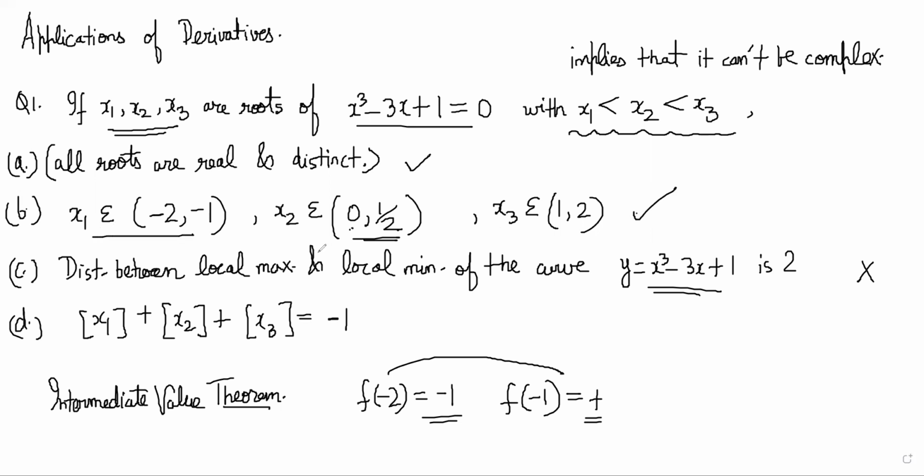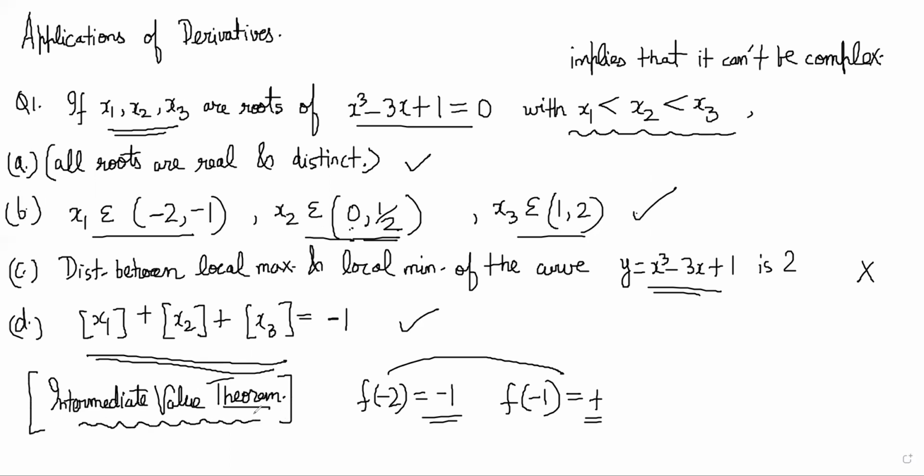So there is a root in this, there is a root in this, there is a root in this. Okay, so with that we can say D is also correct. So minus 2, 0 and 1. So intermediate value theorem is very useful in finding at least the region in which the roots lie, right? Okay.